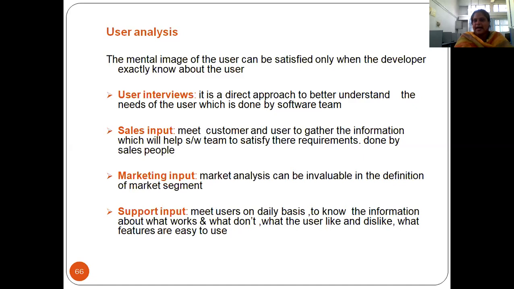Marketing input is invaluable in the definition of the market segment. The support system meets users on a daily basis to know what works and what doesn't: what the user likes and dislikes, and what features are easy to use.